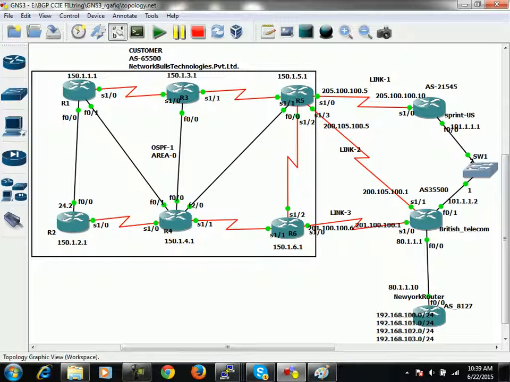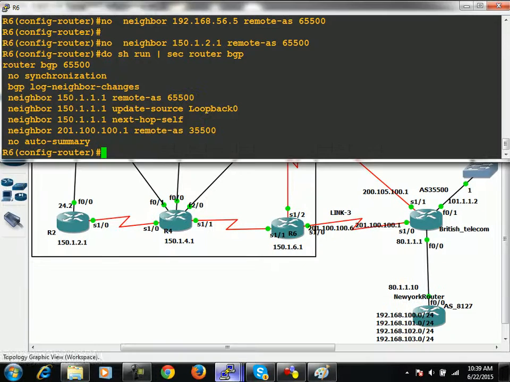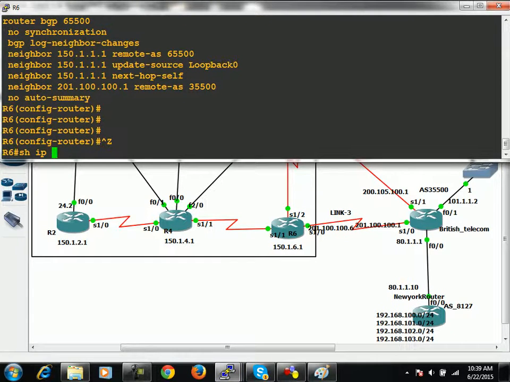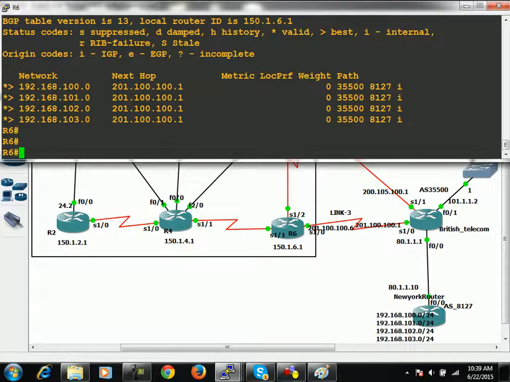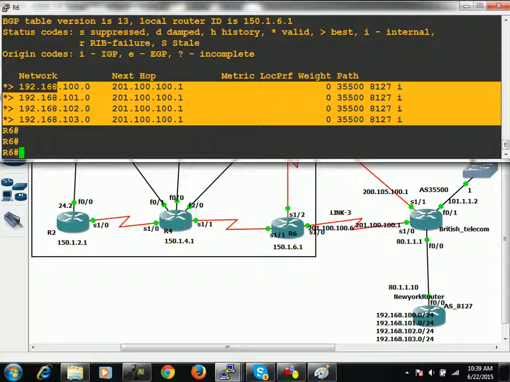One more thing that I would like to show you. BT will now advertise these prefixes further in the direction of R6, R5 as well as Sprint. So of course for R6, its best path to reach all these prefixes must be via BT only.